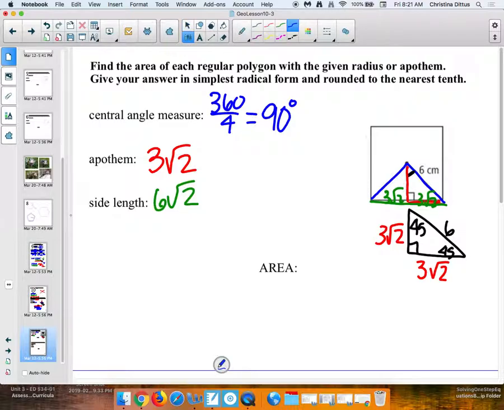So now we're just using our formula. Triangle, I got half. The base of my triangle is my side length, which is 6 square root of 2. The height of my triangle is 3 square root of 2. And then how many triangles do I have in my square? 4.